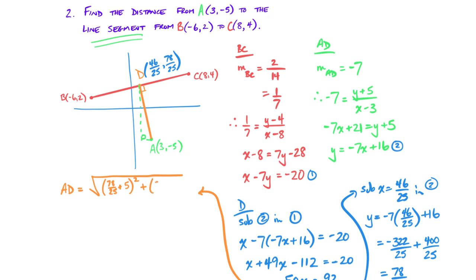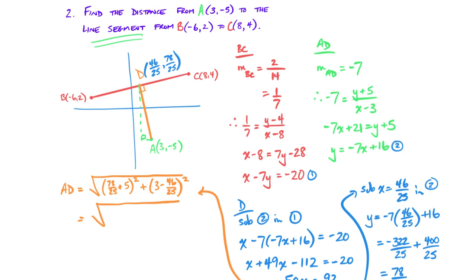So I need to find the difference of 3 to 46/25. Okay, a ton of common denominators, a ton of ugliness. Let me show you a little trick as you work your way through. Okay, first off, we're going to have to get common denominators on the inside of our brackets.